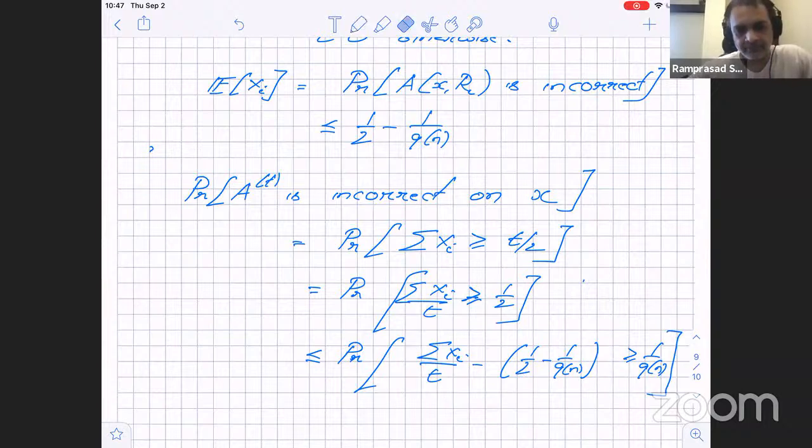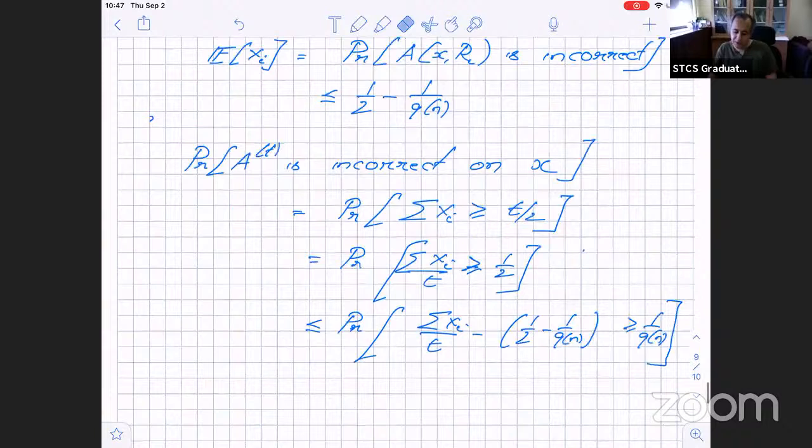This is certainly less than or equal to probability X bar minus mu is greater than or equal to 1 over Q of N.